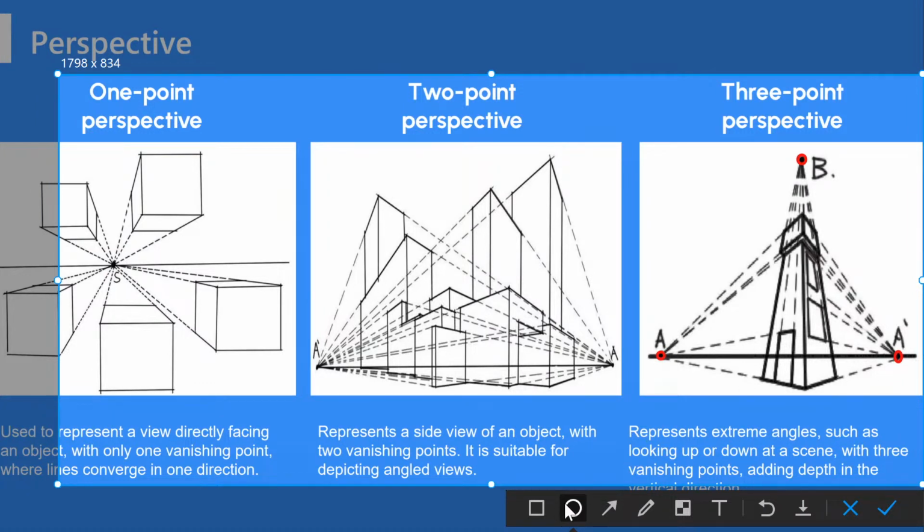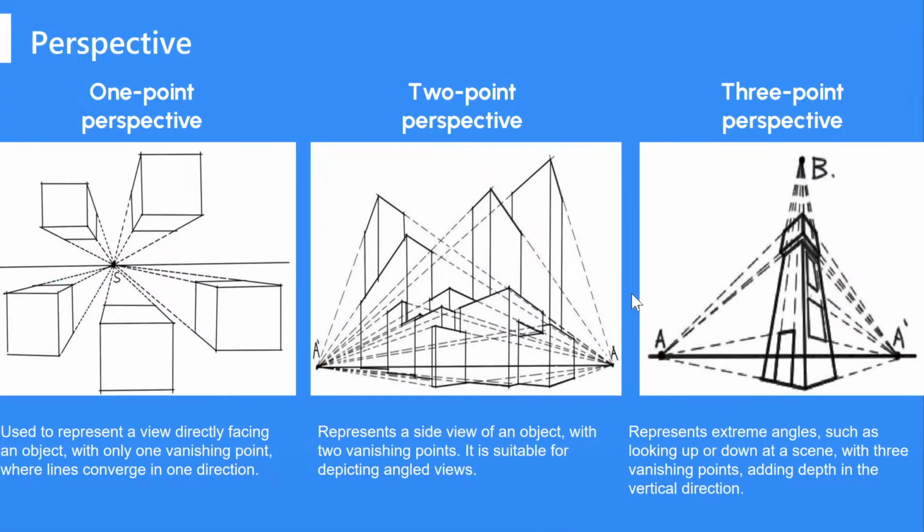Okay, so those 3 different composition methods can create different feelings for the design picture. And for today, we are going to use the 1-point perspective view for the villa. So we're going to use this 1-point perspective composition for our front face. Okay.